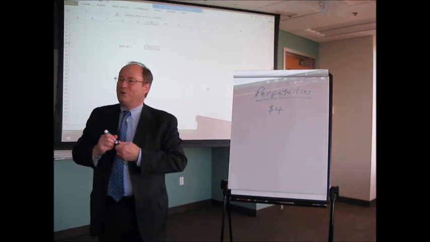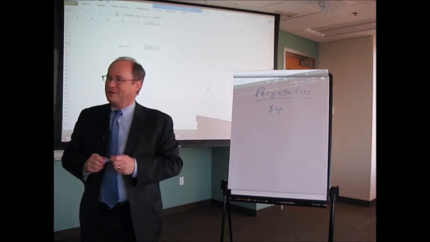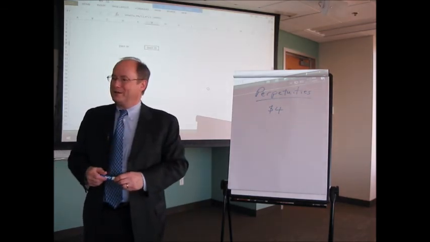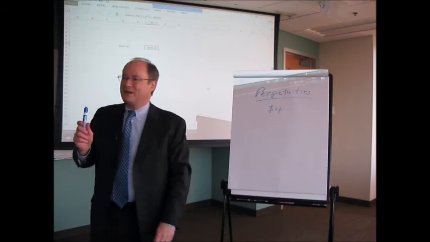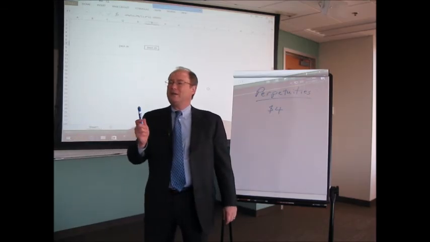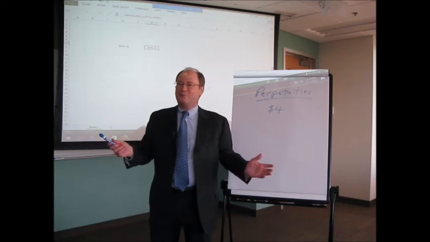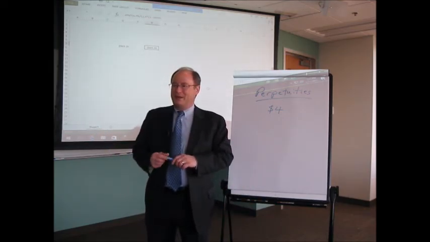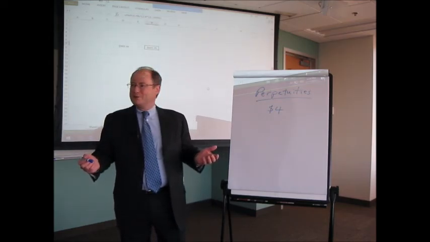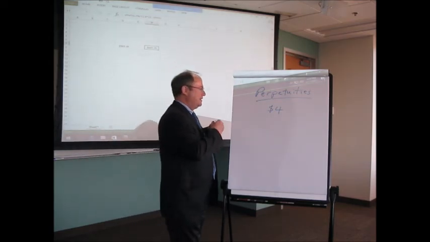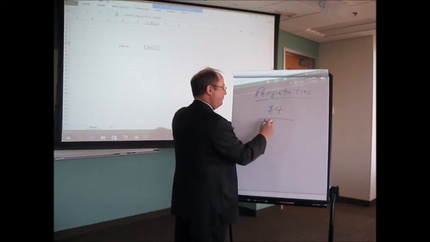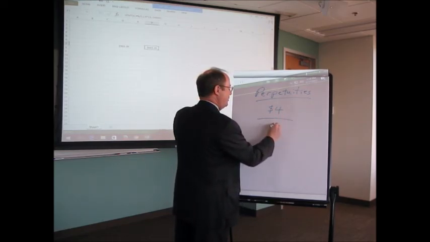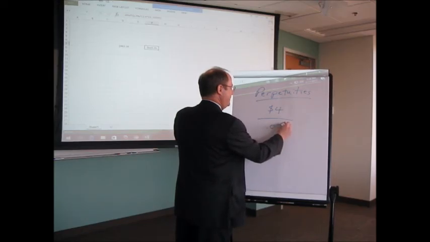And the question is, what is that worth? Well, the easy way to compute that is to say, what is the going interest rate, the long-term interest rate in the economy today? And you say, well, the long-term rate is 2.5%. So you say, okay, $4 divided by 0.025.